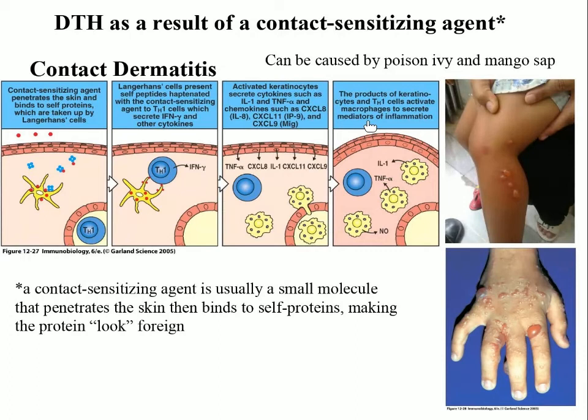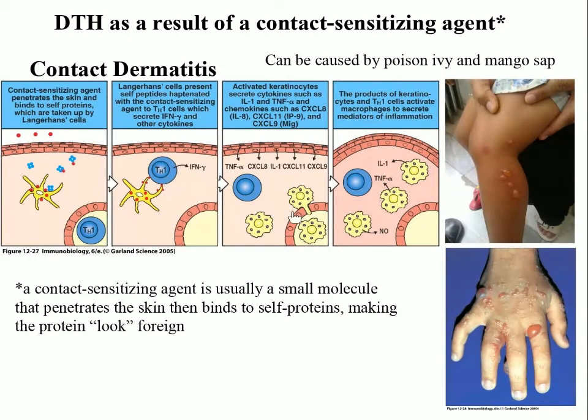Where does the interferon go? Interferons goes to stimulate the recruitment of other cells. Okay. All the cytokines that are released, whether from T helper, whether from the macrophages, they are all initiate inflammation.